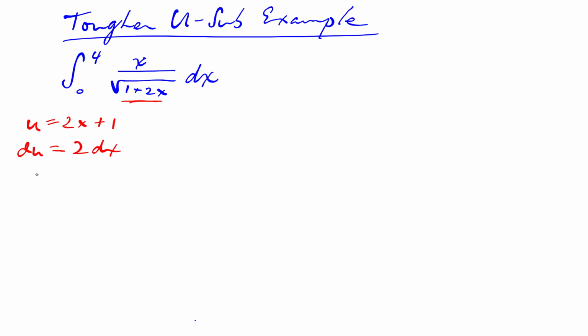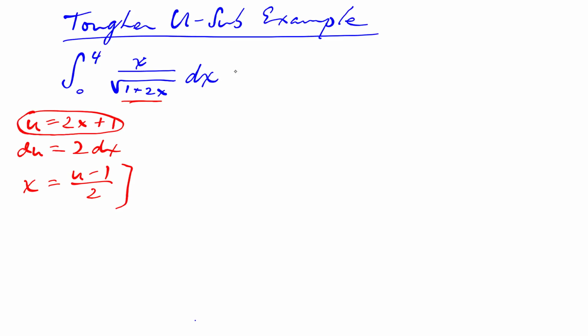There we go. So we're working with x here being equal to u minus 1 divided by 2. And this is what's different right here to do this. And you can see how I got x equals u minus 1 over 2 if we rearrange u equals 2x plus 1. This allows us to do the u-sub, it turns out.